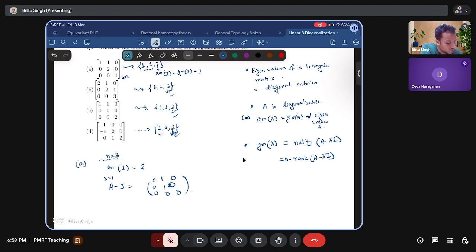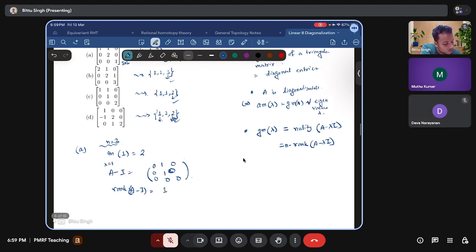So here you can see that the rank of A minus I is actually 1. There is only one linearly independent column. Therefore, the geometric multiplicity of lambda equal to 1 is 3 minus 1, by n minus rank.